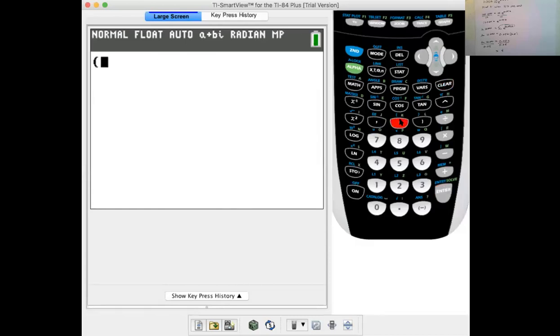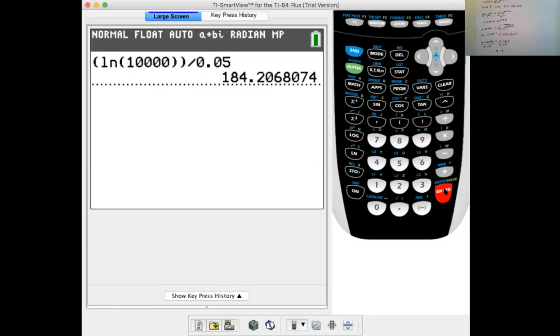Upstairs, natural log 10,000. Lost a parenthesis there. Two left, two right, divided by 0.05. And we get about 184 days. t is 184.2.